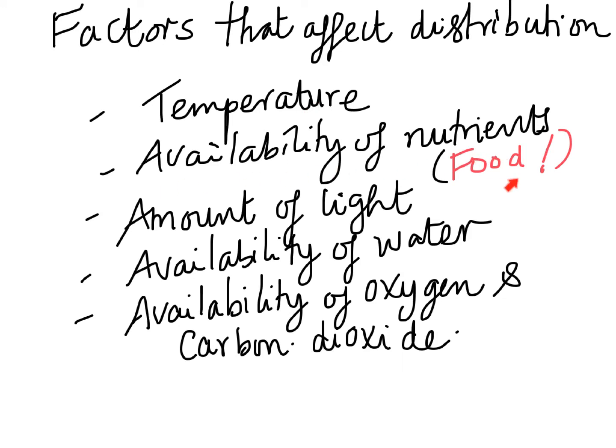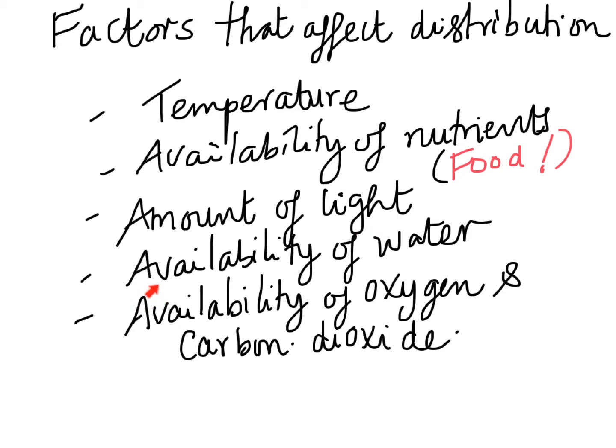Availability of nutrients, food. Without food, no organisms can survive. So that is an important factor. So if you find a lot of organisms in a particular place, that could possibly explain it, but we need to look carefully at what the real factor is. Amount of light, particularly important for plants. As you know, plants make their own food by photosynthesis using light, carbon dioxide and water.